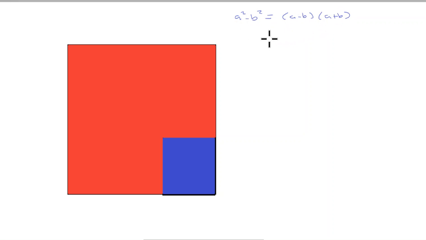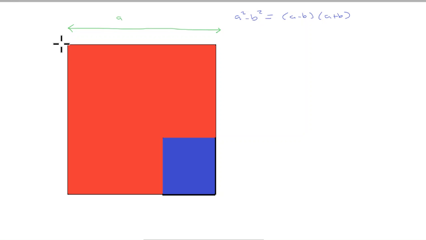A really easy way to think about it is a squared is just a square with length a. So for example, we could take this shape that we have here, and let's say from here to here, that's a.